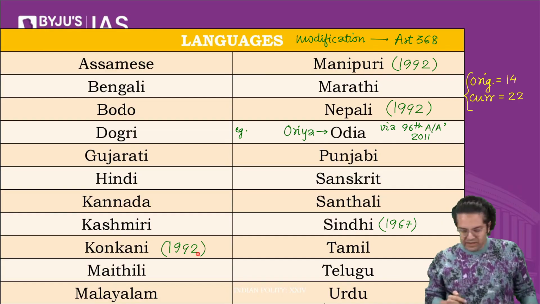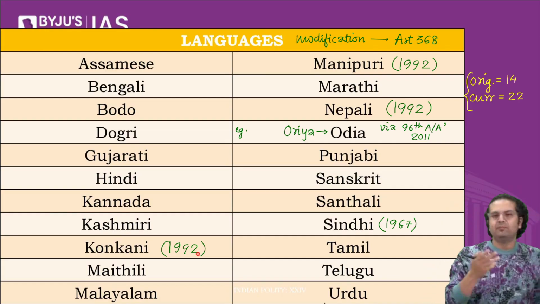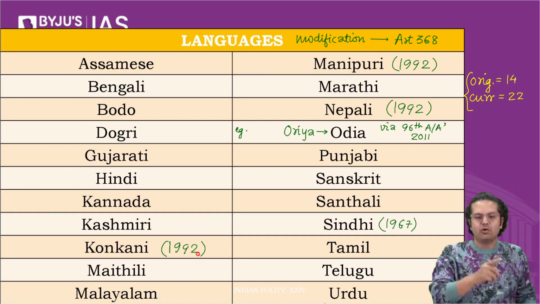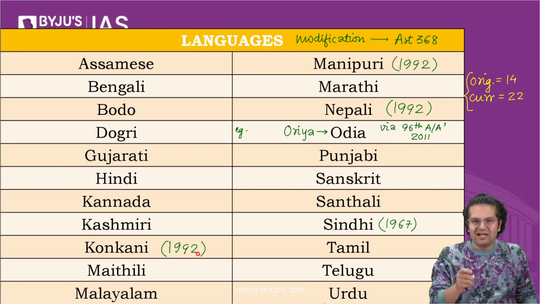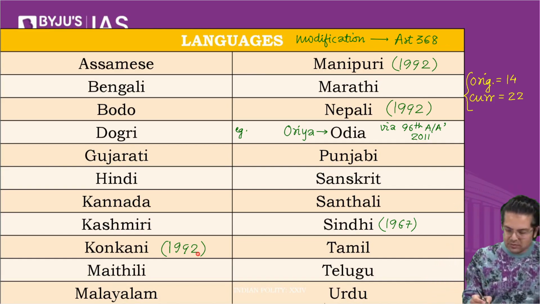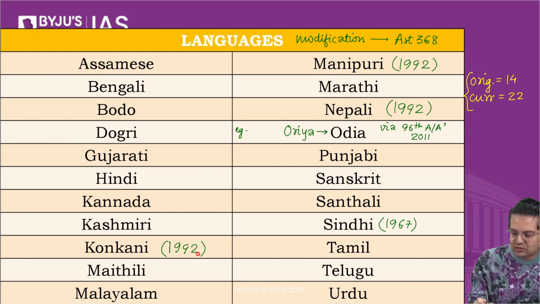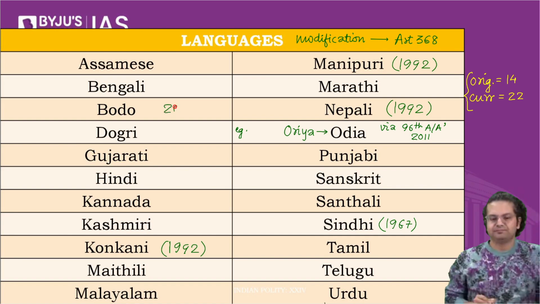And then we have these languages, Bodo, Maithili, Santhali, and Dogri. So this was done in the year 2003.